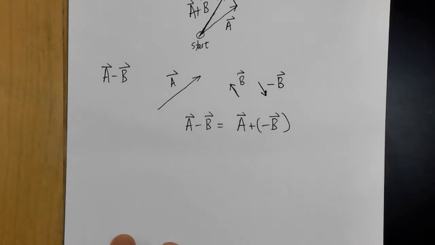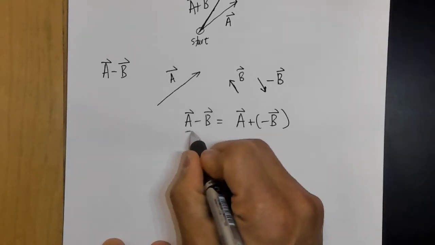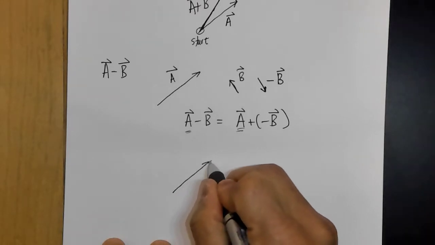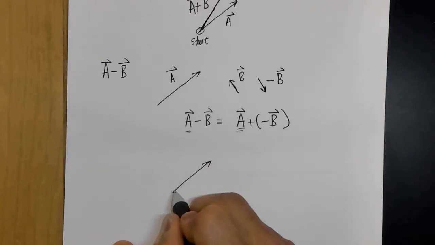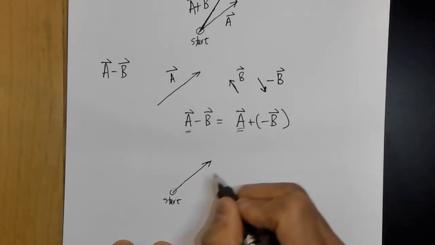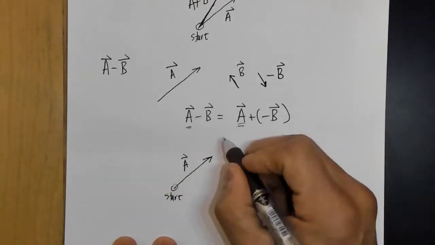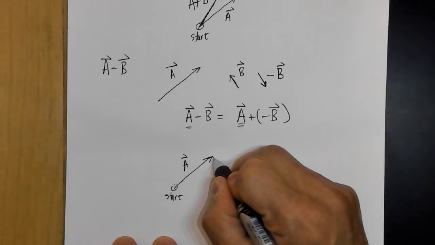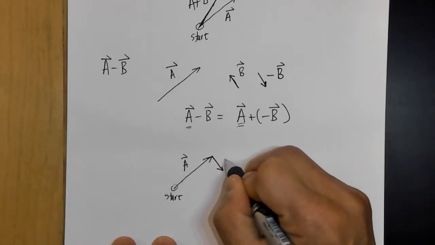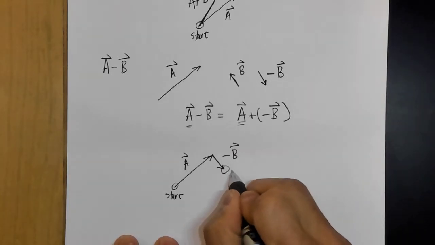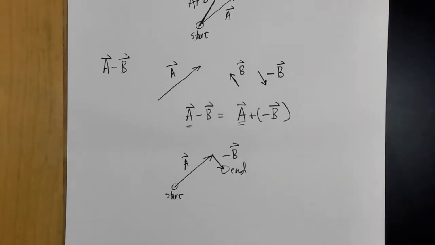Okay. So we draw the first vector. So the first vector is A. We draw it. And then, remember that's the starting point. This is my A. And then I attach negative B to it. So I start from the end of A and go to do my negative B. And then I have my final endpoint there.